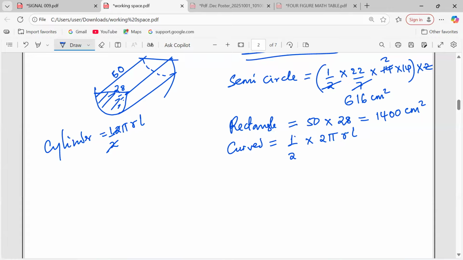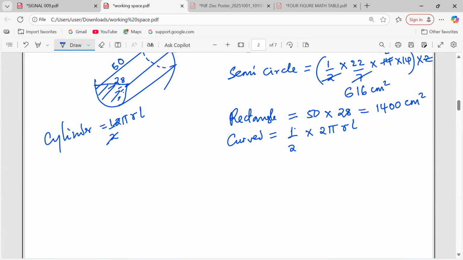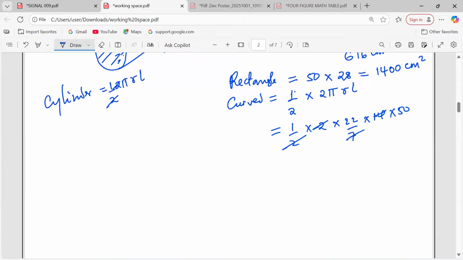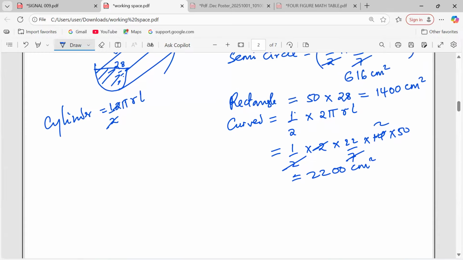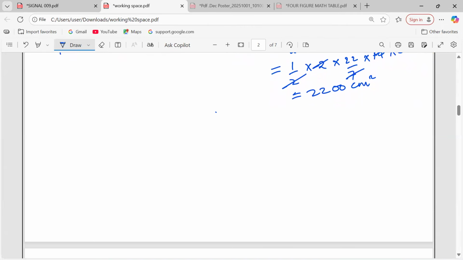It depends on how the cylindrical face is lying. So now the 2 automatically shall cancel, but let it cancel after substitution. R and L is 50, the length of 50. The 2 cancels like that, and this becomes 2 again. So we are having 22 by 2 by 50. This gives us 2200 square centimeters again.